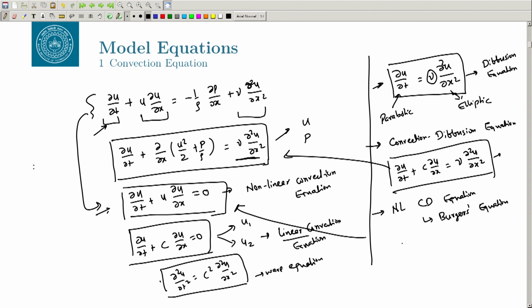So, that equation will look like del u by del t plus u del u by del x is equal to nu del 2 u by del x square. Once we are good and see that our numerical schemes and discretization schemes are working fine with all these different kinds of equations, we will have confidence that we are ready to tackle the full Navier-Stokes equations, first in 1D, then 2D and 3D.